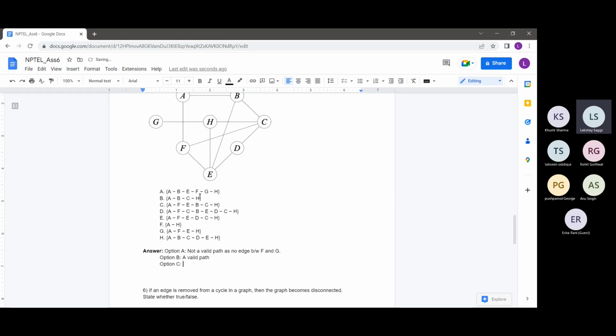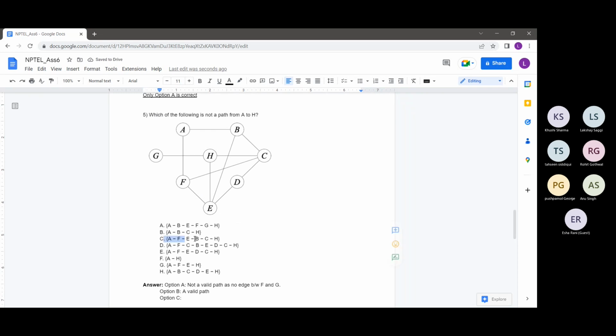Now coming to option C. Option C says we go from A to F, which can be done since there is an edge. Then from F to E, there is also an edge.